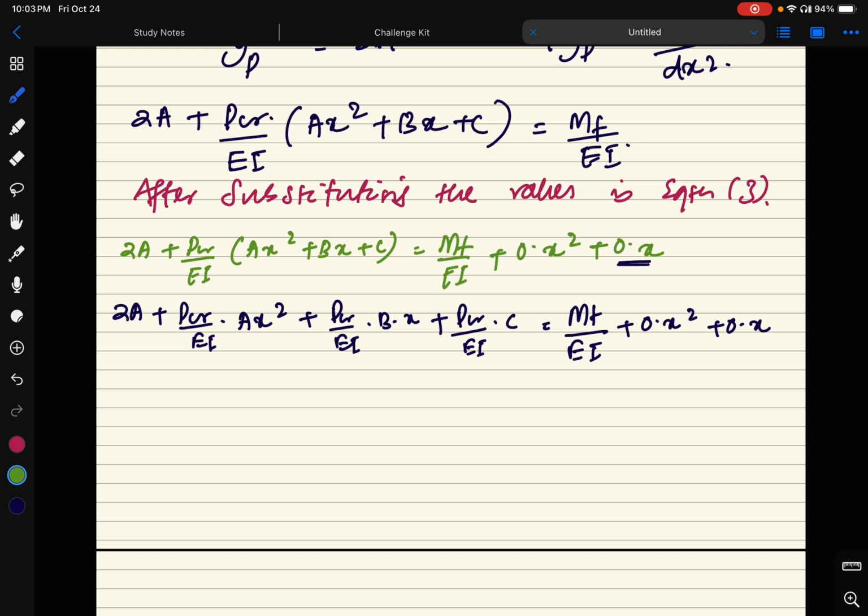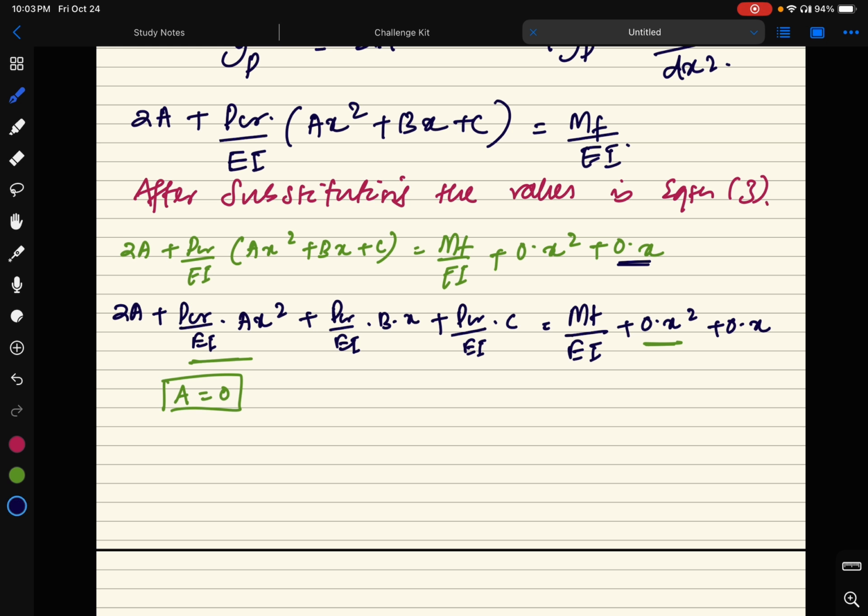Now the main idea here is to equate the coefficients on the left hand side to the right hand side in order to find out the values of a and b. So if I equate PCR by EI x square is equal to 0x square, I can simply say a is equal to 0.